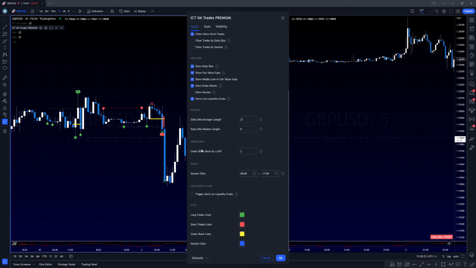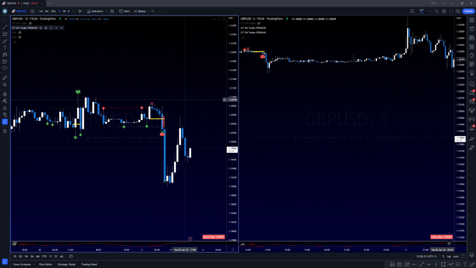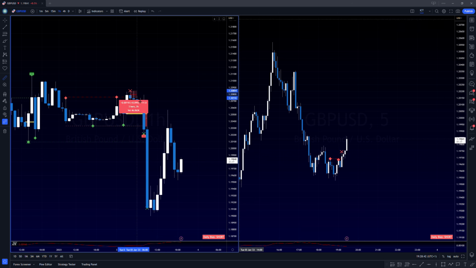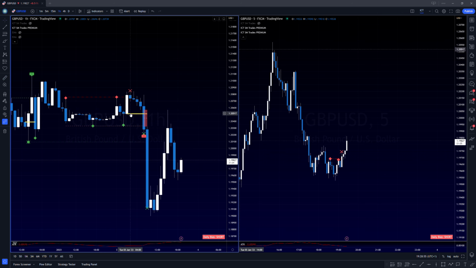And this setting is for order blocks, and it is by ATR. So here when you have 2 ATR, it means that when you have this order block here, after that order block, for every bear candle, until the market structure shift, there should be a minimum of 2 ATR from this order block candle to be printed.